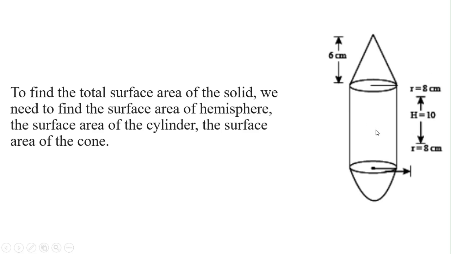We have to keep this picture in our mind. The solid shape is in the form of a cylinder, one side a cone and one side a hemisphere. The common radius is 8 centimeters. The height of the cylinder is given and the height of the cone is given.